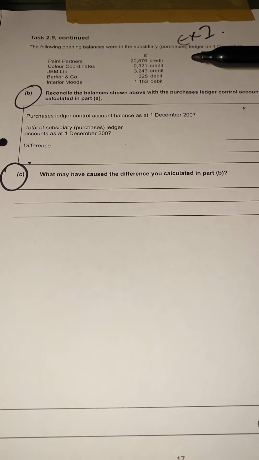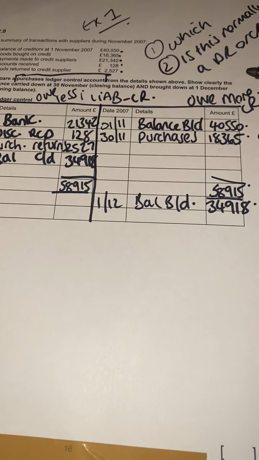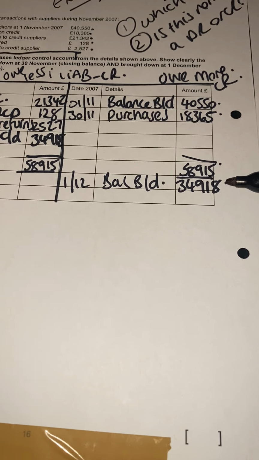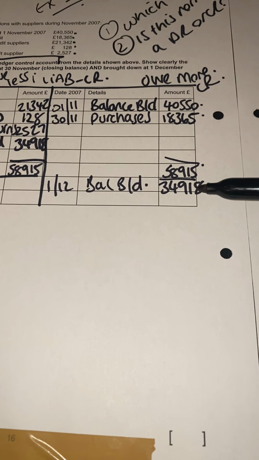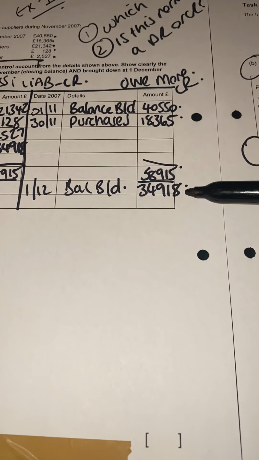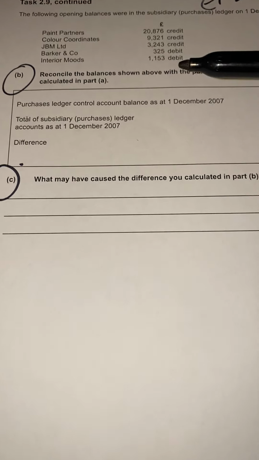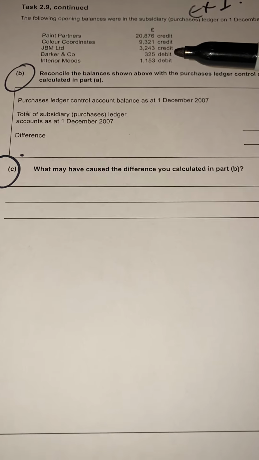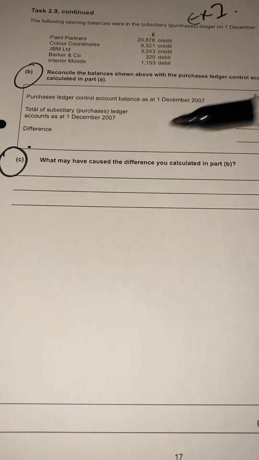So what you've got here is you have just prepared the control account. So that's the one that we've just done. And we've said that this control account now has a balance of £34,918. And we are going to compare that against what the subsidiary balances say. So what you can see here is a little reconciliation box.